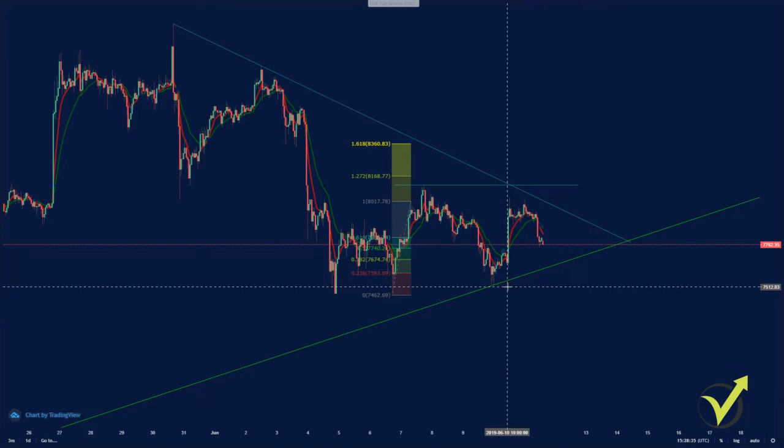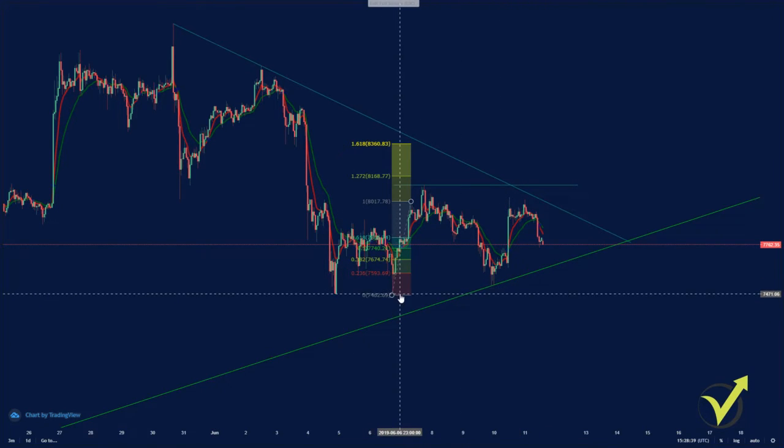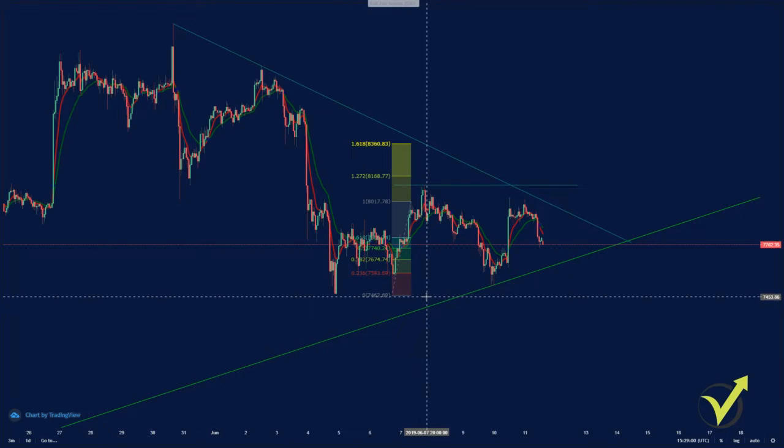But over here you can see at this level we have these two lows where actually the Fib started, so I would place my stop loss just below it, and this would be somewhere at about 7,450. And as I said, the round numbers always matter, so 7,450 is still a round number for me.